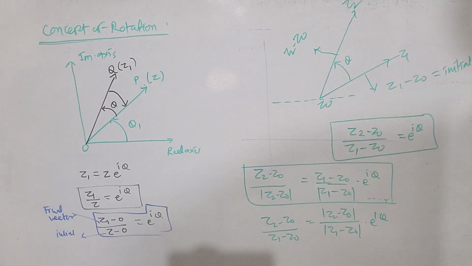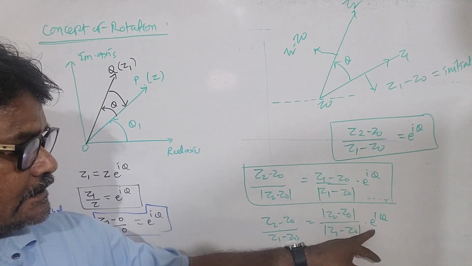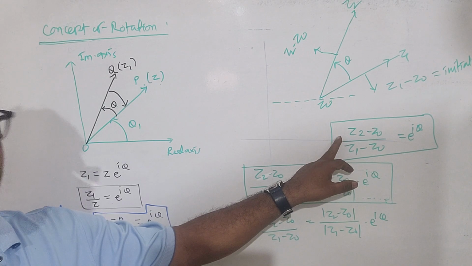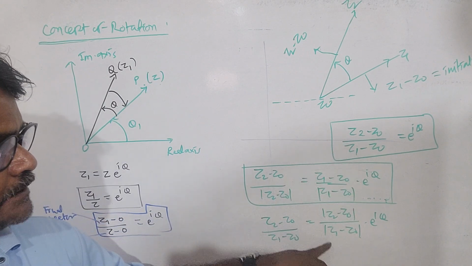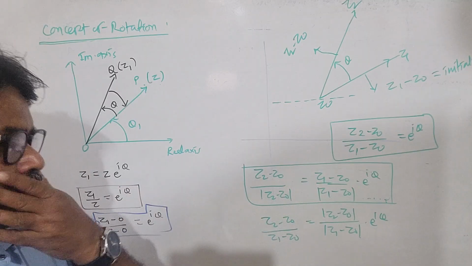Same thing, the same concept described in different ways. If the modulus of both the vectors are the same, this is e to the power iota theta only. If the modulus are not the same, then we can write it in that way. Is that clear? This is simple.